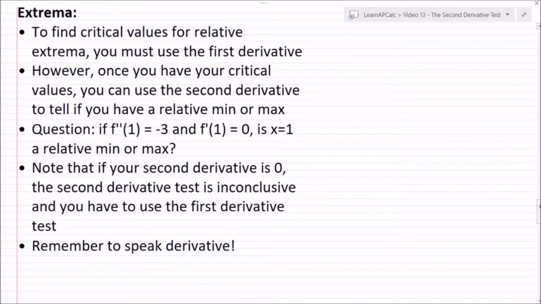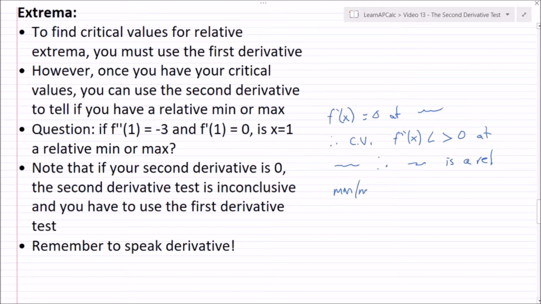And so how you would do that is you would say the normal f prime of x equals 0 at da-da-da, therefore critical value, and then you would say f double prime of x is less than or maybe greater than 0 at da-da-da, therefore da-da-da is a relative min or max.